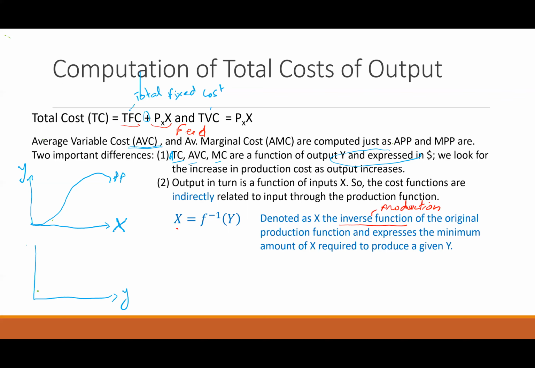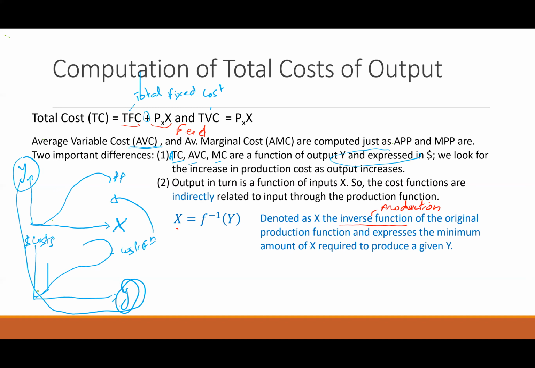Here we have Y, and here we have the different cost values. So there are two different functions. However, this cost function is clearly dependent on the production function because of those two that are linked.